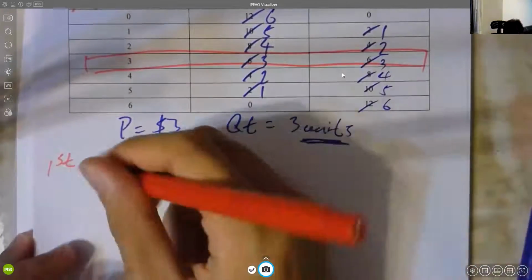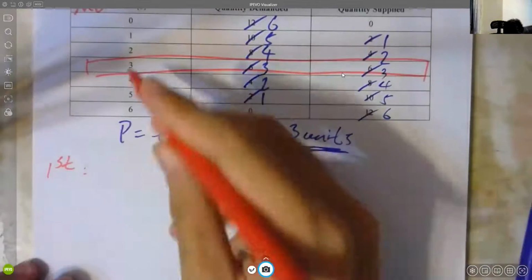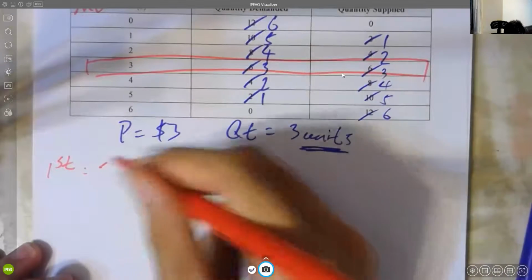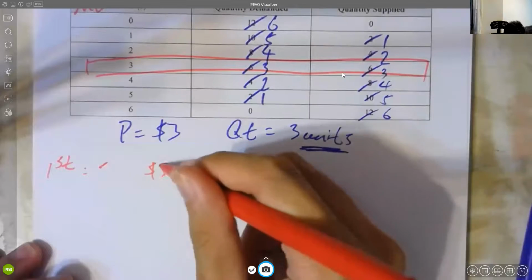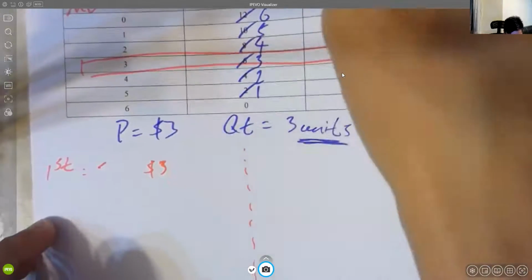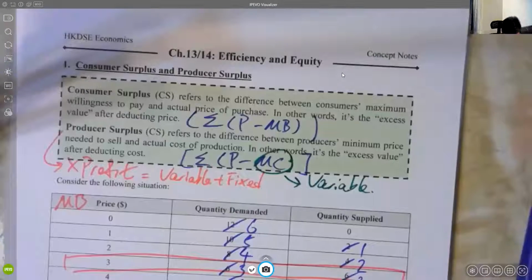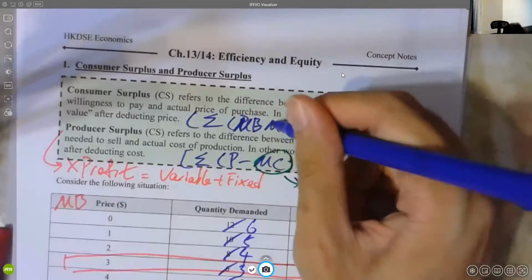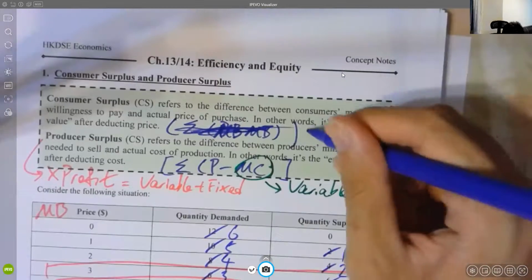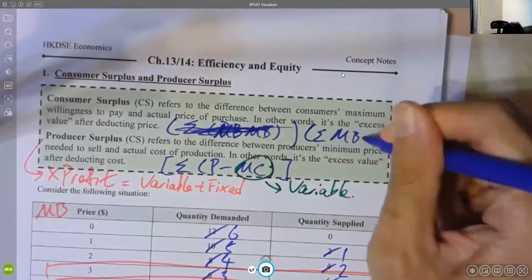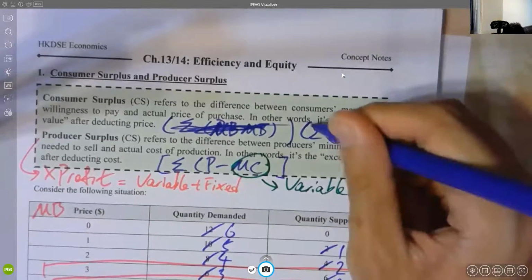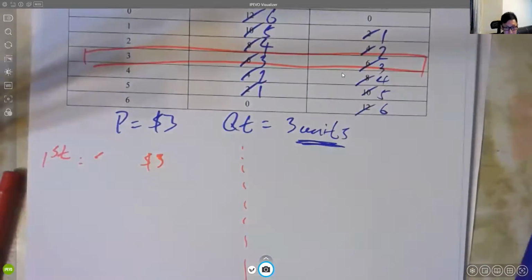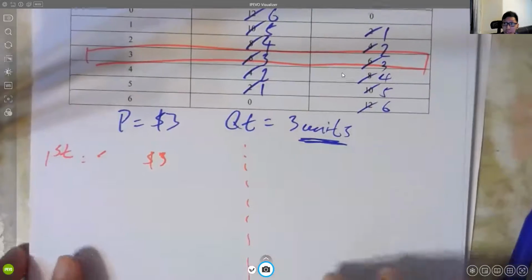So first unit, price would be $3. Sorry, I got it reversed. It should be MB minus price. It should be marginal benefit minus price. All right, the price we know would be $3, right?